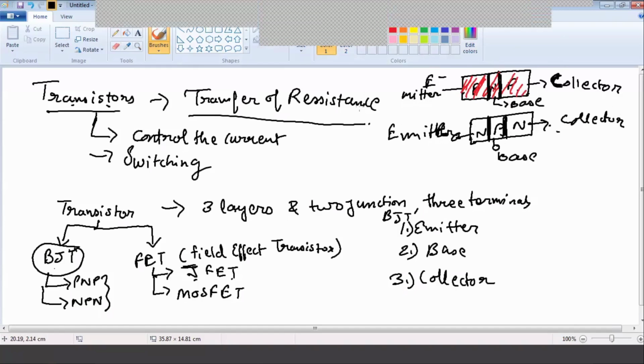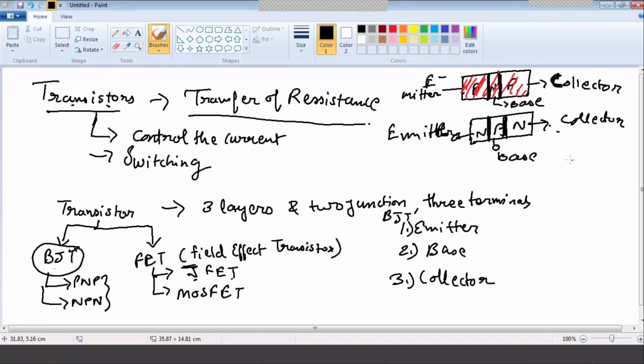Now we are talking about the symbol. So symbol of transistor is like this. Okay, so this is the symbol. So this is the BJT transistor symbol. Now, how will you identify if it is PNP or NPN?